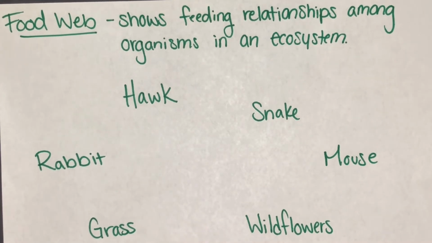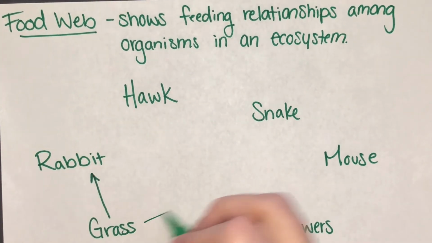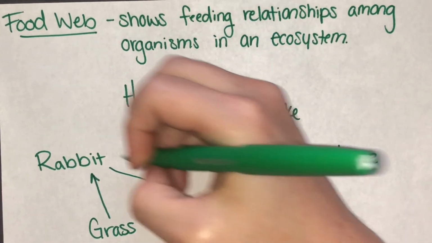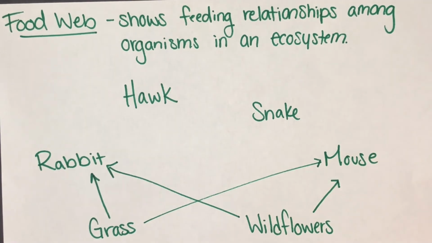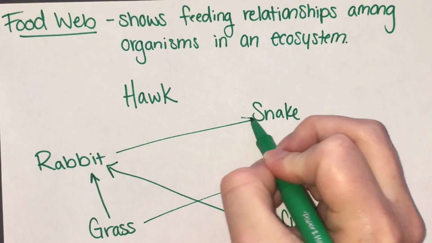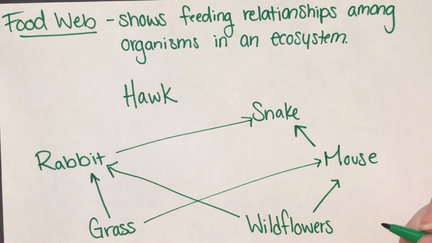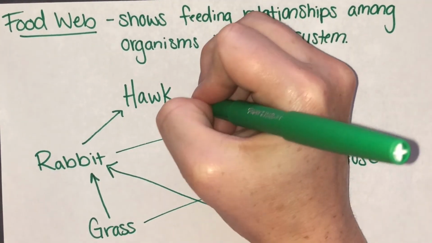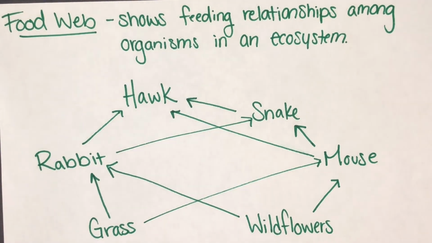So for this food web, rabbits and mice both eat grass. Rabbits and mice both eat the wildflowers. The snake eats both the rabbits and the mice, and the hawk eats the rabbits, snake, and the mice.